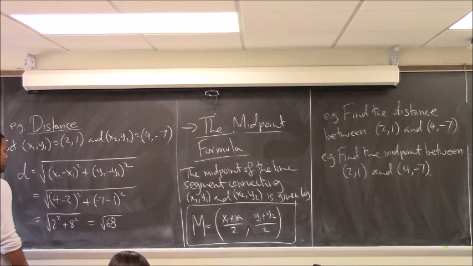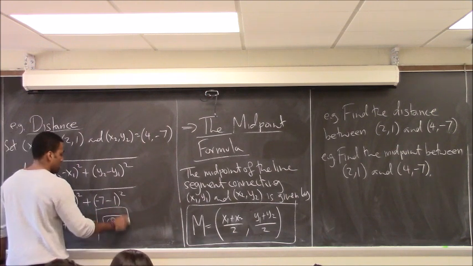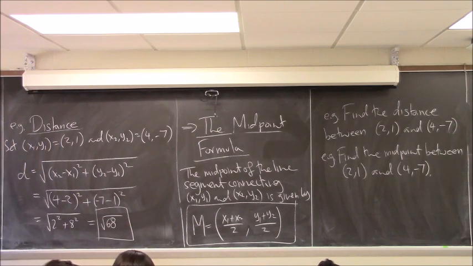Which you could simplify, you could factor out. So the distance between those, it's radical 68 units long.